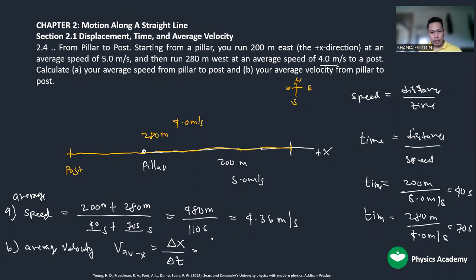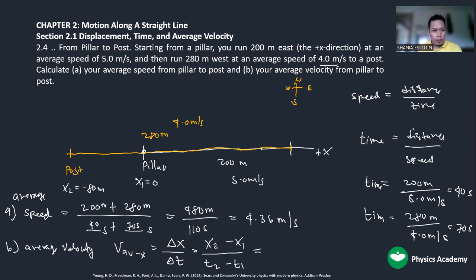The displacement is the final position minus the initial position, over t2 minus t1, the time interval, which is 110 seconds. Your initial position x1 is equal to 0, and your final position x2 is located at negative 80 meters from pillar.